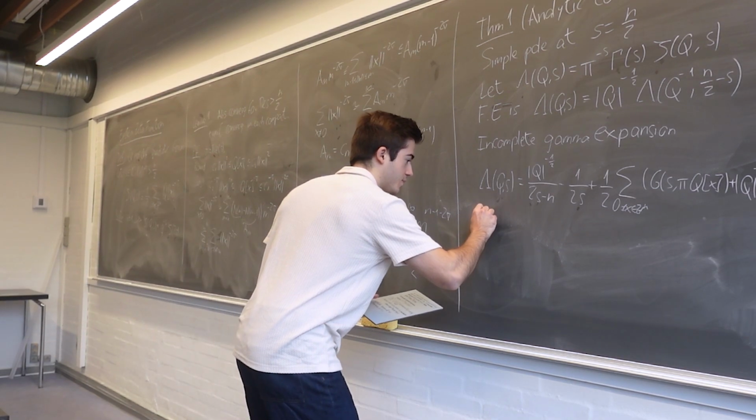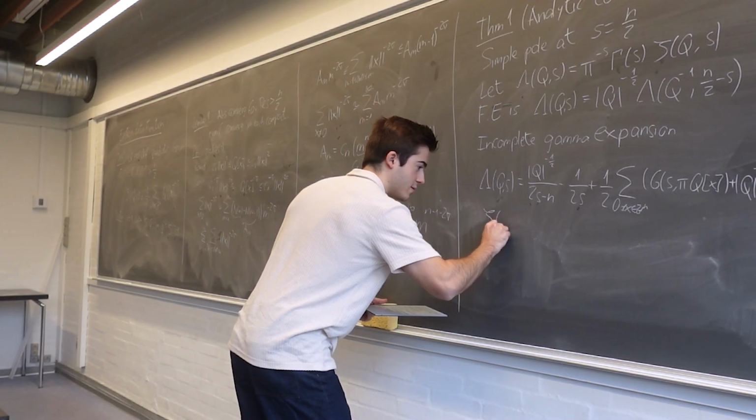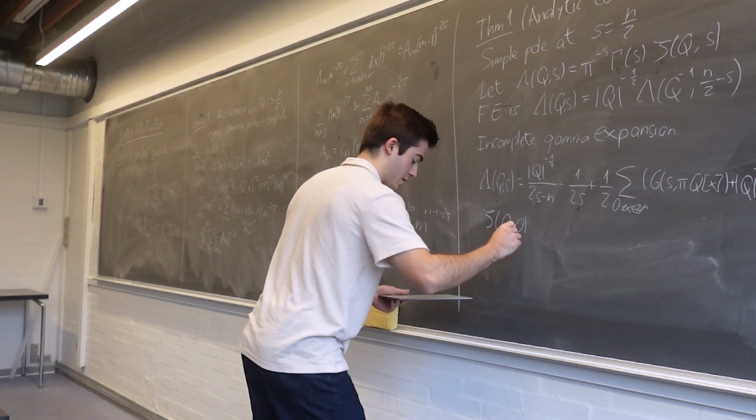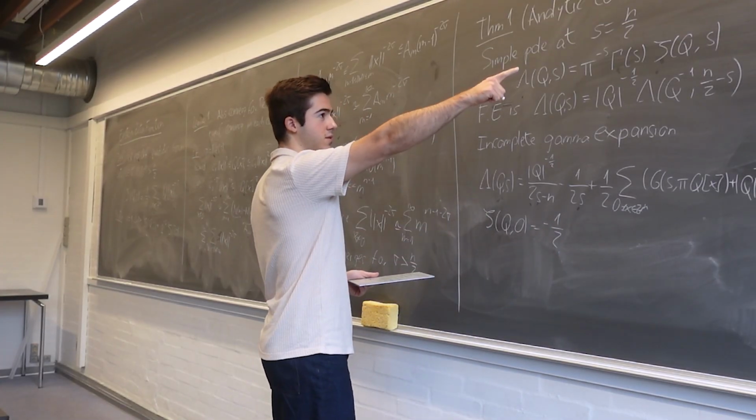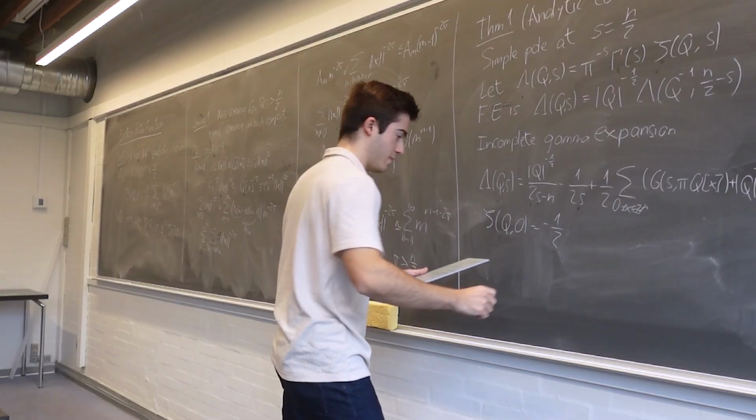We also have some numerical results. We can compute this from here as well. At this point, we have minus 1 over 2 for Epstein, just recovering this from this formula.